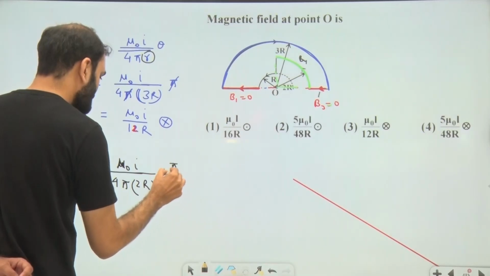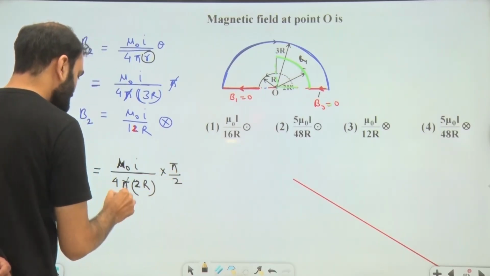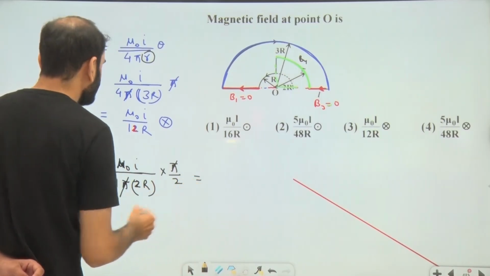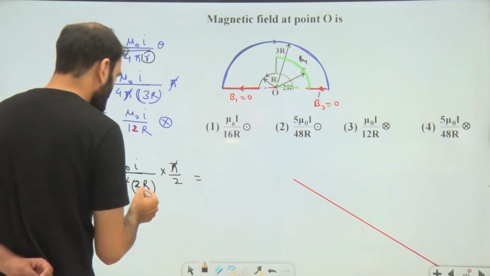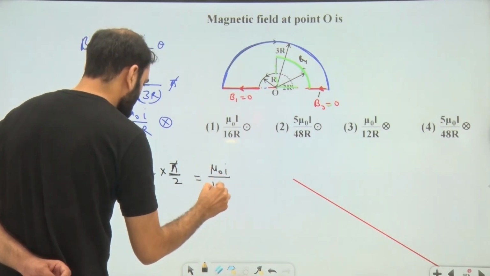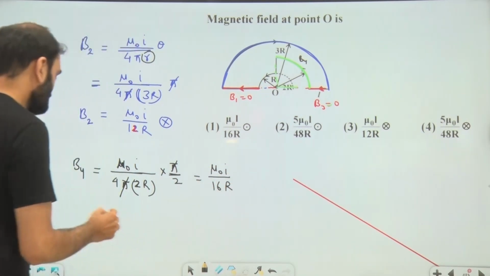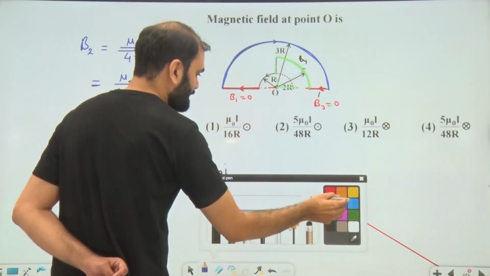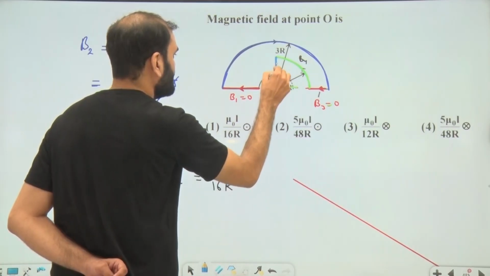So pi and pi will cancel out, and 2 into 2 into 4 is 16, so you get mu naught into I upon 16r.